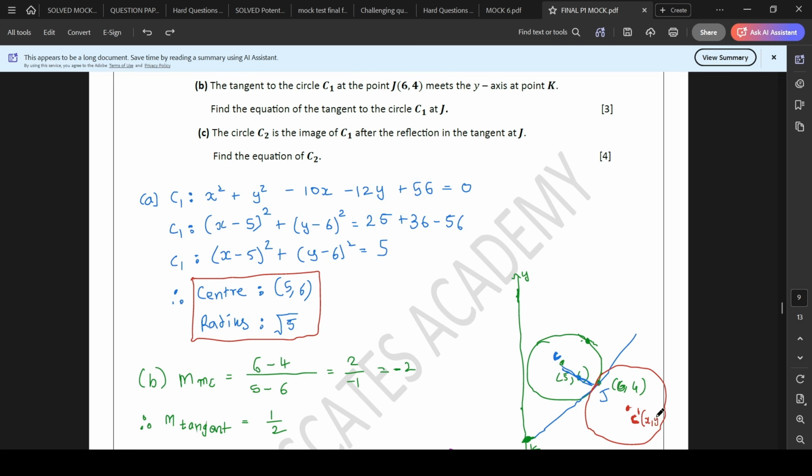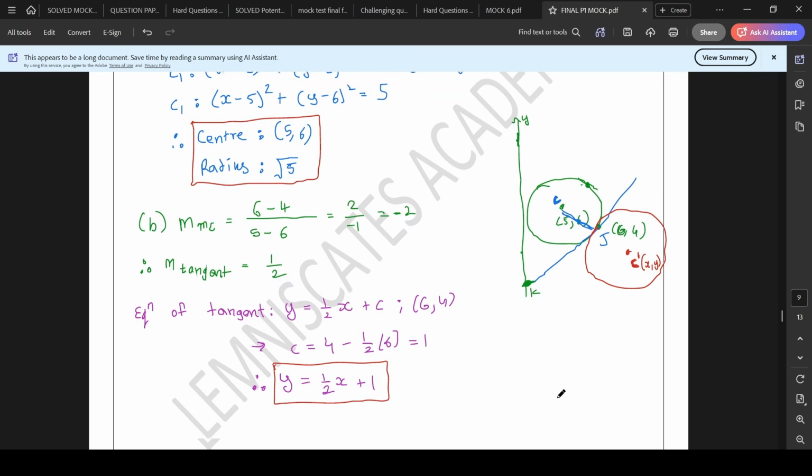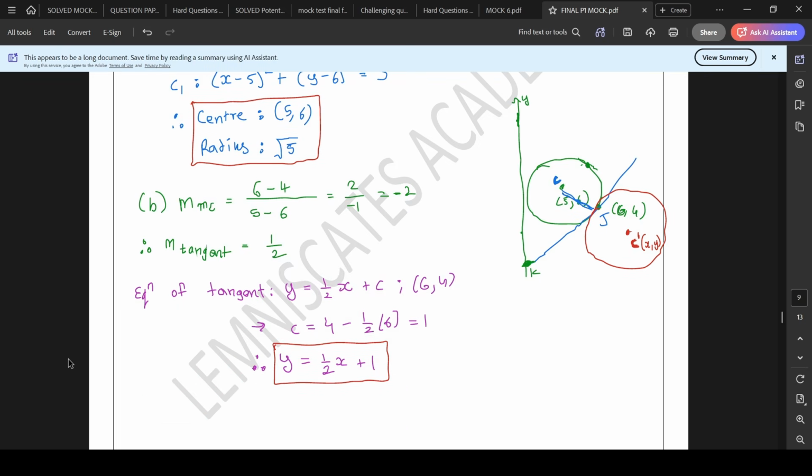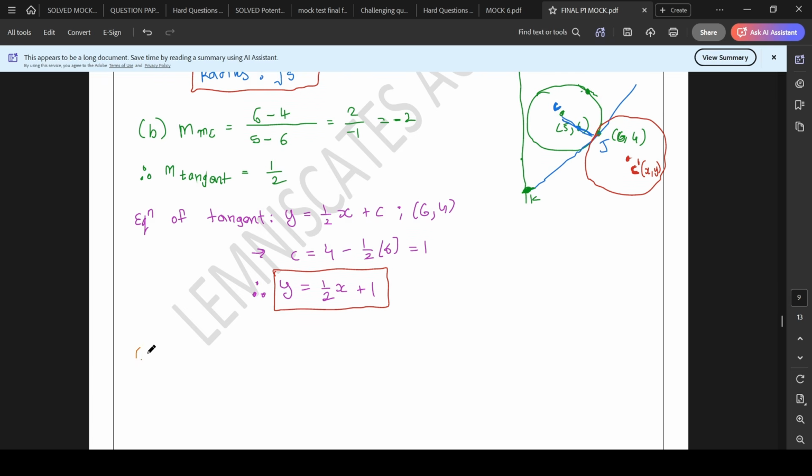This is x comma y. So let me use the midpoint formula and show it to you for part C. So to find this, I'll use J is equal to the midpoint of CC dash. So I know that 6 comma 4 is equal to (5 plus x) by 2 comma (6 plus y) by 2.